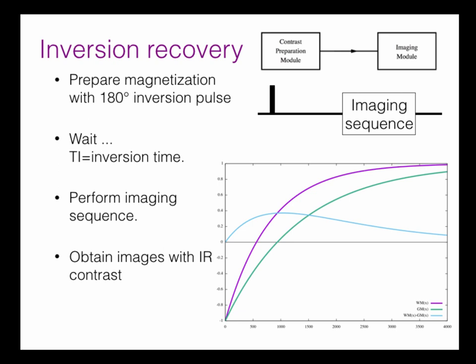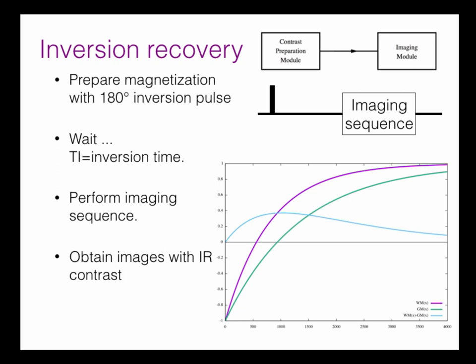For example, white matter at 3 Tesla has a T1 of something like 800 milliseconds, and grey matter is something like 1.3 seconds. So if we do this inversion recovery trick, a 180-degree pulse that flips them both over, and then wait some time, the white matter and grey matter have quite different signal levels depending on how long we wait, and you develop a contrast that looks like this blue curve.